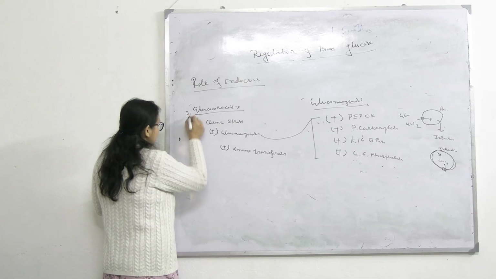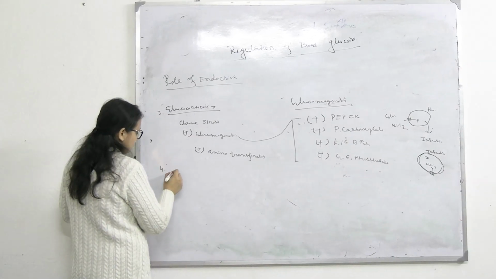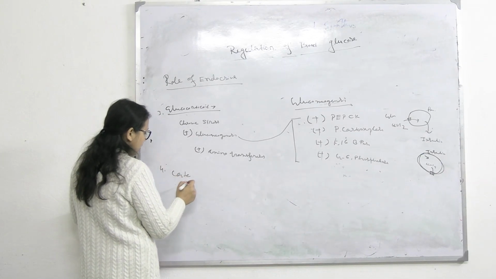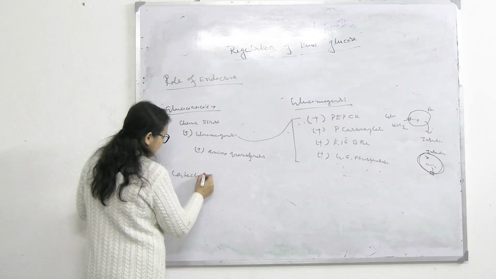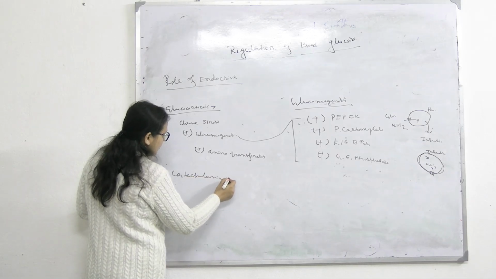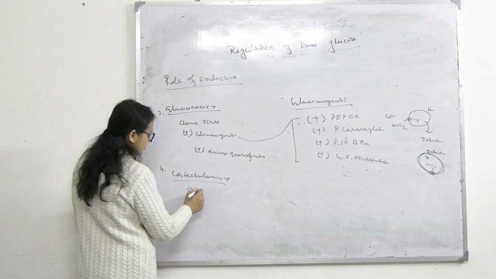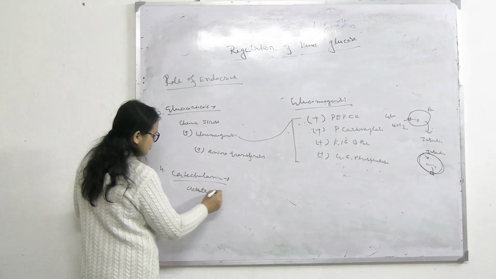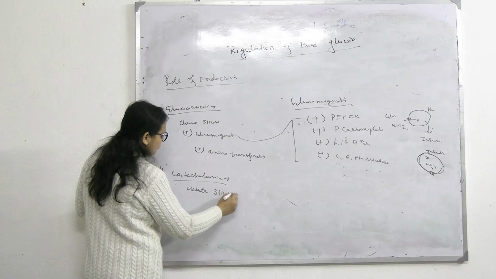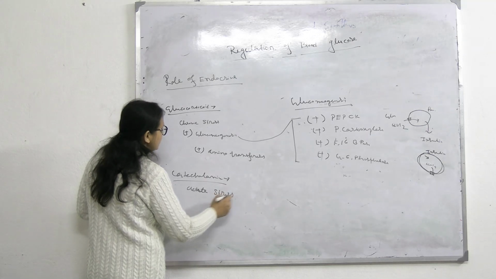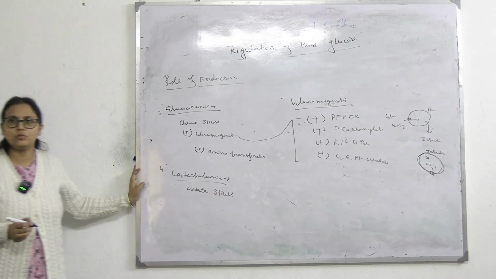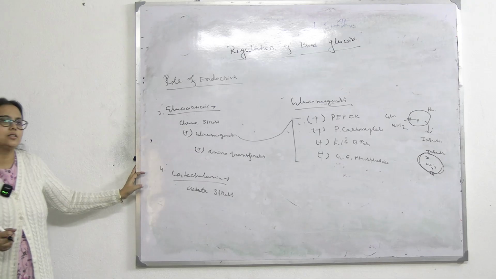The last is catecholamine. That means epinephrine, norepinephrine. This is secreted in acute stress condition. Acute stress condition means heavy exercise, exposure to cold, psychological emergency condition.